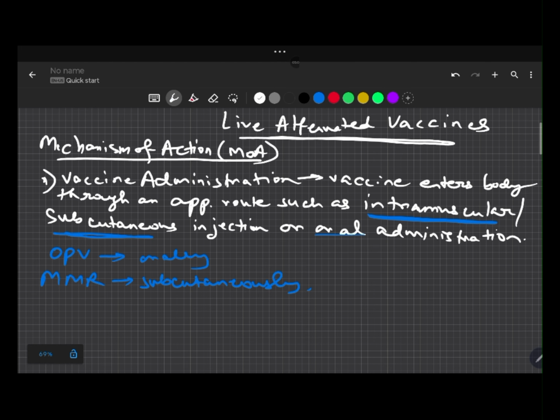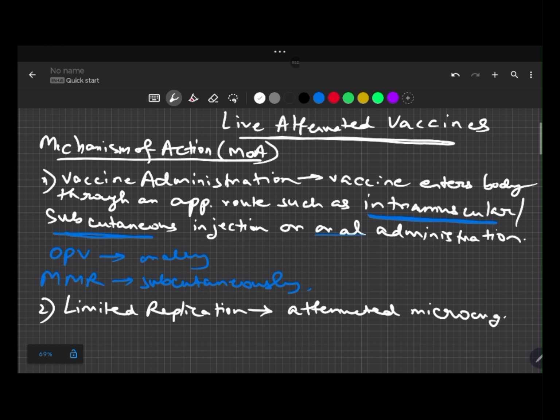Number two is limited replication. Here, unlike killed vaccines, attenuated microorganisms can replicate to a limited extent inside the host.